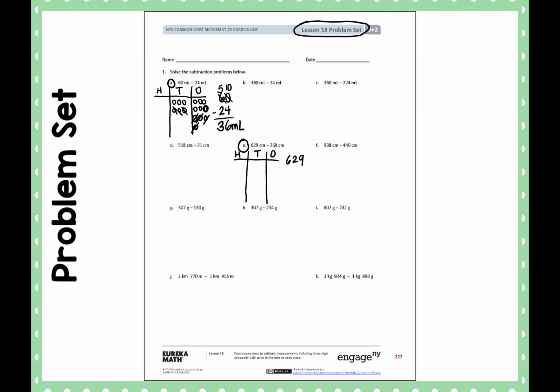So 629 minus 268. All right, so 629, let's put that in our place value chart. We have 9 ones, 2 tens, and 6 hundreds.